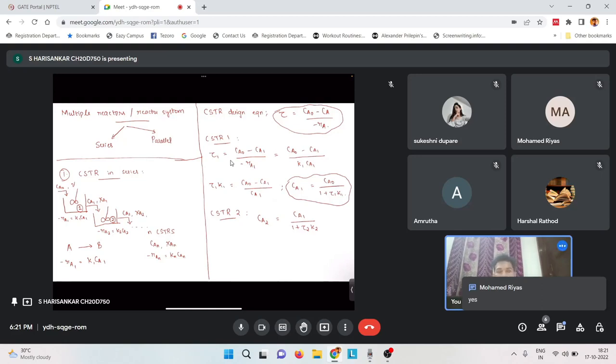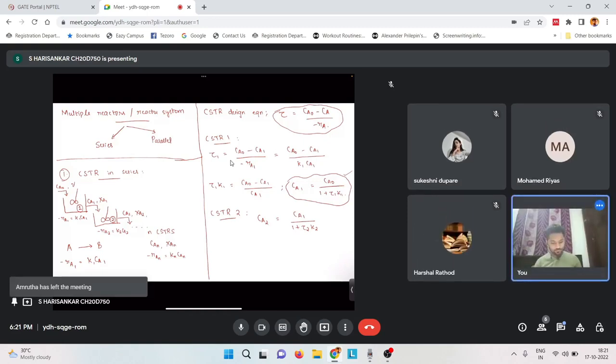Before we move on to CSTR3, what we can do here is, we have the Ca1 expression as Ca1 is equal to Ca0 by 1 plus tau 1 K1. So we'll substitute this Ca1 in the CSTR2 equation.